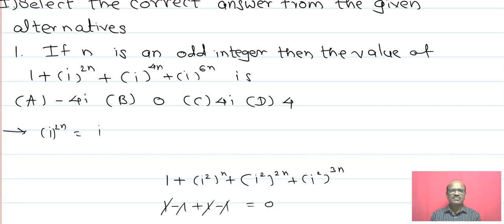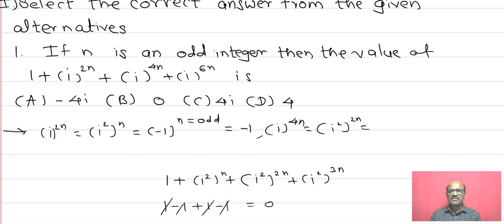Now see these values. i raised to 2n can be written as (i square) raised to n. i square means minus 1, but n is odd, therefore that is equal to minus 1.